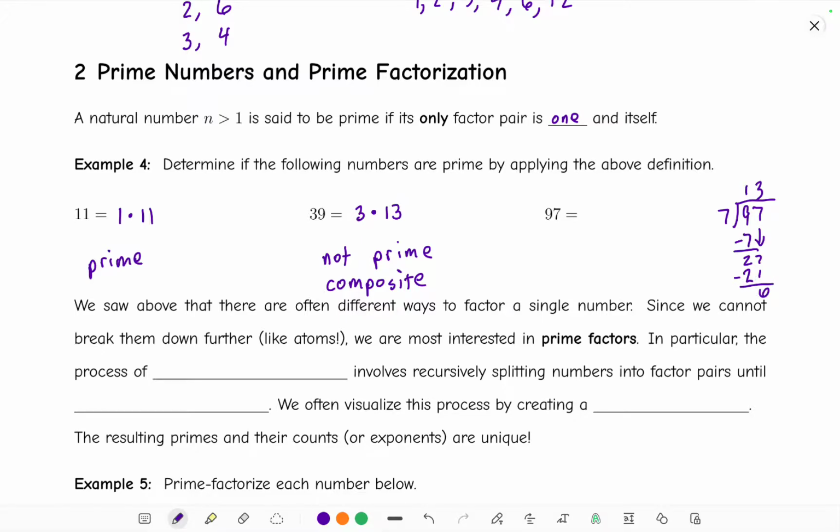Nope, has a remainder of 6. 8 doesn't work because it's not even, and then 10 doesn't work because it doesn't end in a 0. And because it's less than 100, you only have to check up to 10. If it's bigger than 100, you have to check past 10. So that means 97 can only be rewritten as 1 times 97, so this is prime.